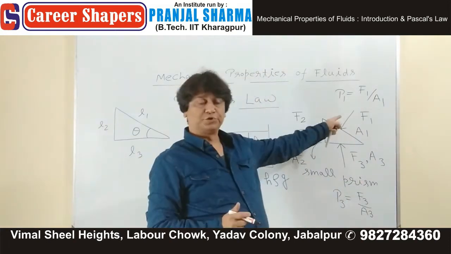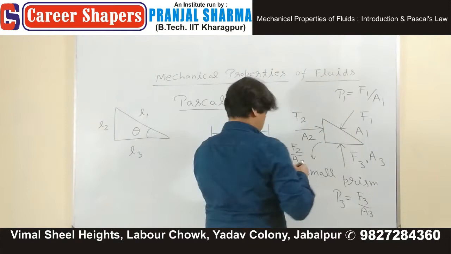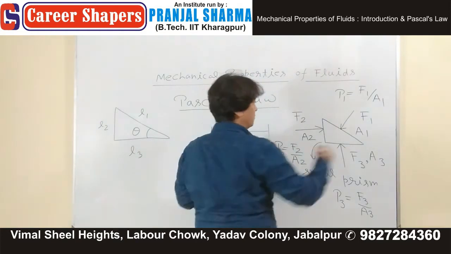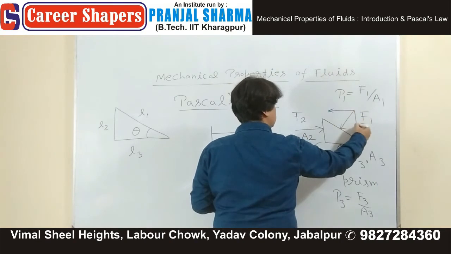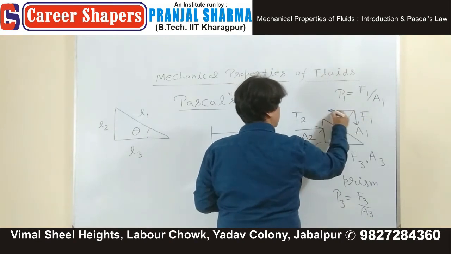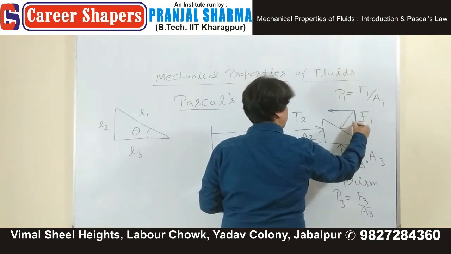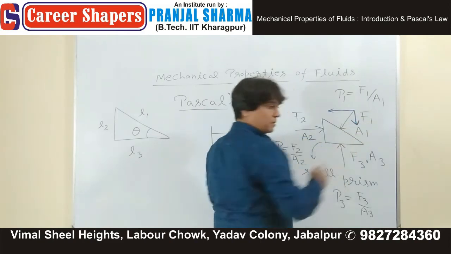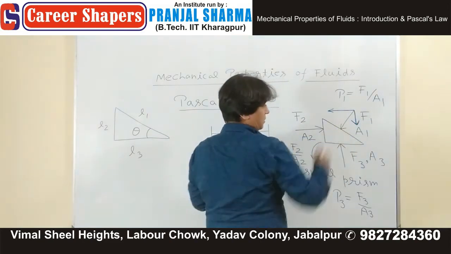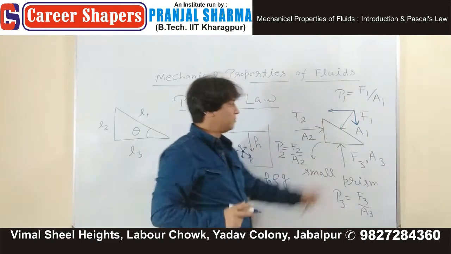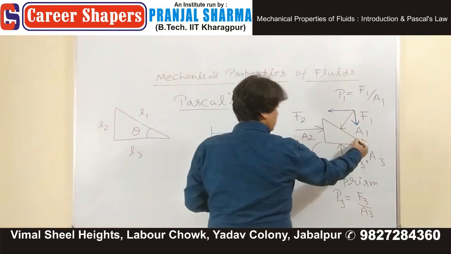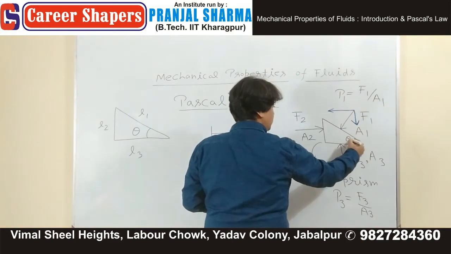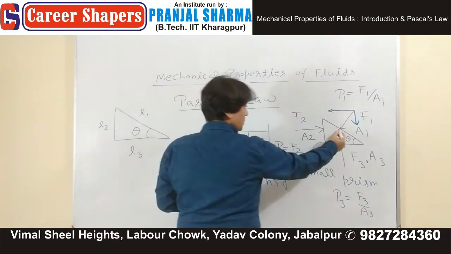The force which you see in the figure has two components. One is this, and the other one is this. These are the two components shown in blue. If this angle is theta, then look here.